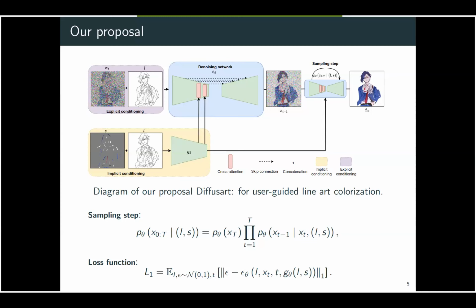We propose these two conditions separately as a way to divide the two different tasks. So the explicit conditioning focuses on the denoising generation task and the structure of the liner, and the implicit conditioning focuses on the colorization task. At the end, the framework is jointly trained from scratch using the L1 loss.